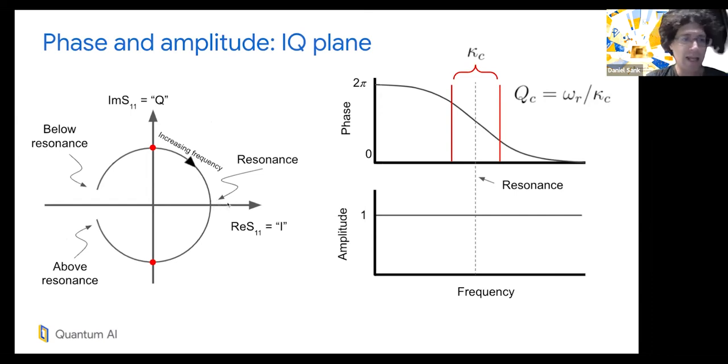And what happens is that if you're below resonance, so you're at low frequency, then you start on the left upper part of that circle. And as you sweep the frequency of the drive pulse, you wind up making a circle in this plane where the resonance is where the circle hits the x-axis on the right side. Now, what happens is that this circle, the resonance point of the circle depends on what the resonance frequency of that resonator is. So Abe, next slide.